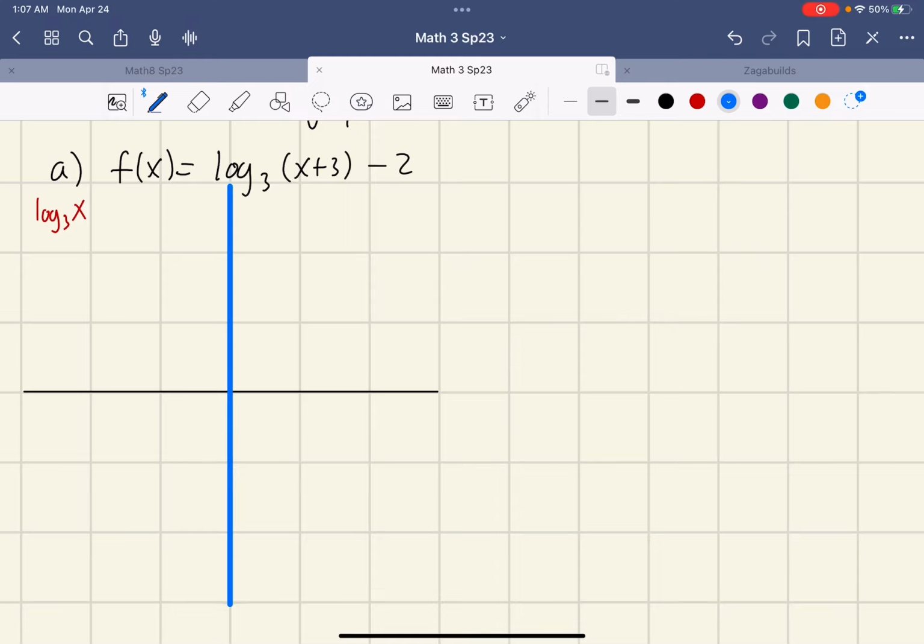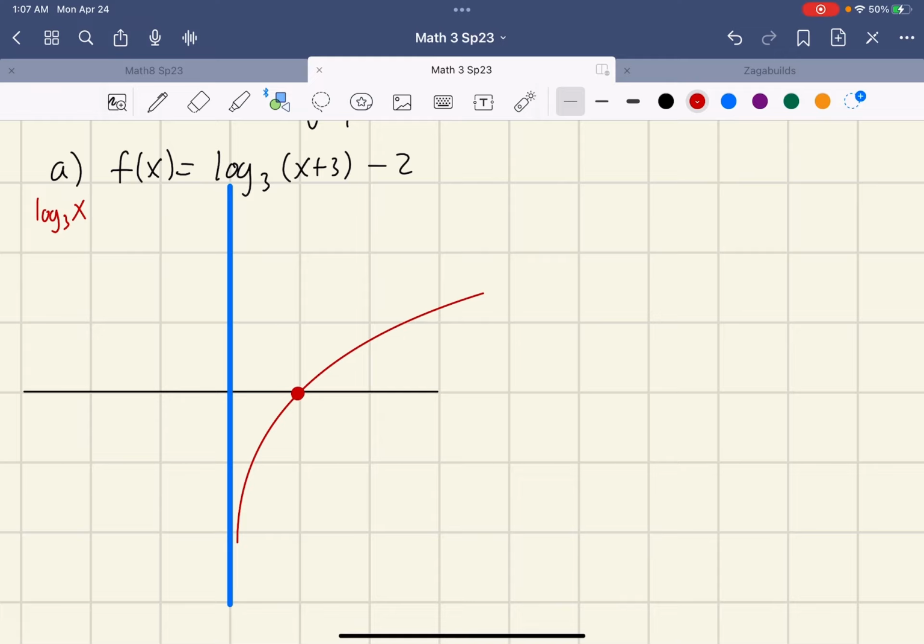And they all have that point (1, 0). I'll put that right here and then create a rough sketch of my graph. If you want more points, you're more than welcome to use them, but this is just a rough sketch of a logarithm.